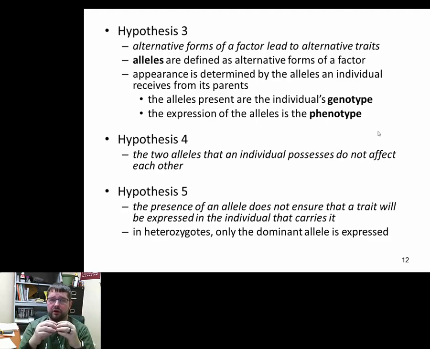And so as other experiments came about, other test subjects came about, we then had to change that Mendelian genetics theory to remove certain hypotheses, like alleles not affecting each other, or the fact that if you're a heterozygote, you're only going to show the dominant form.